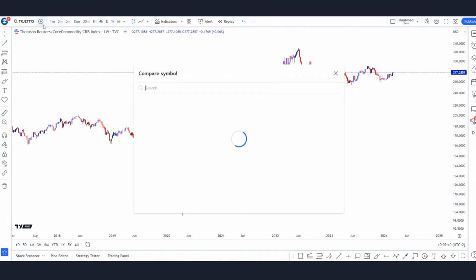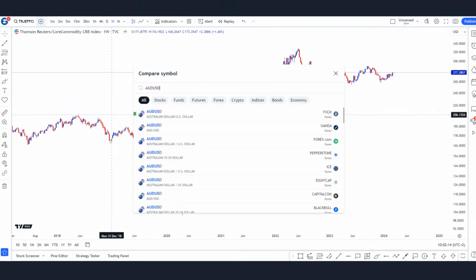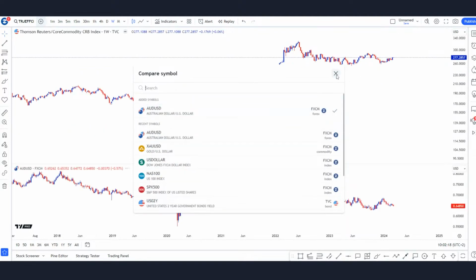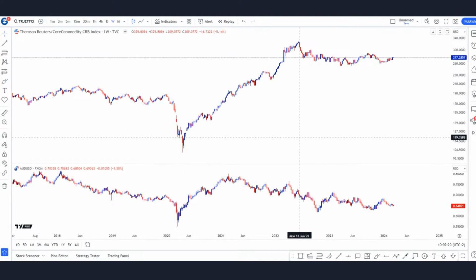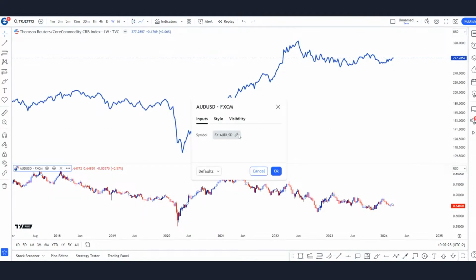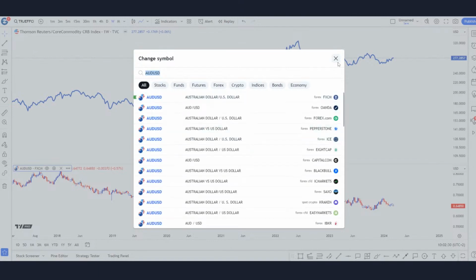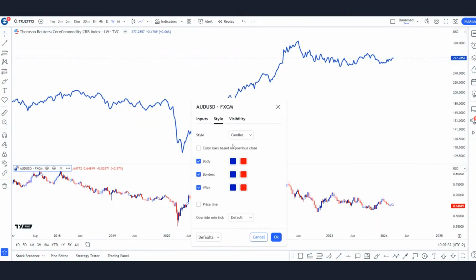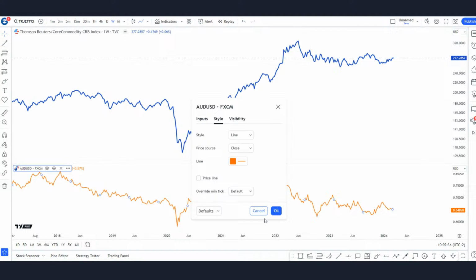So let's put in Aussie. Let's change these to lines.